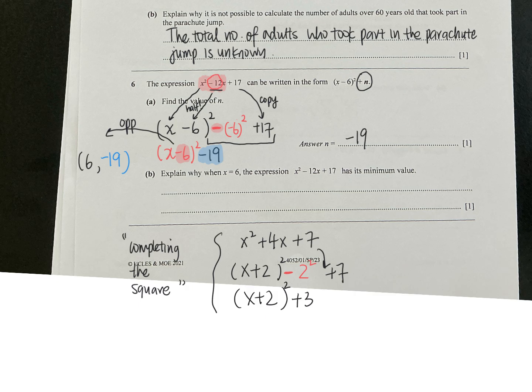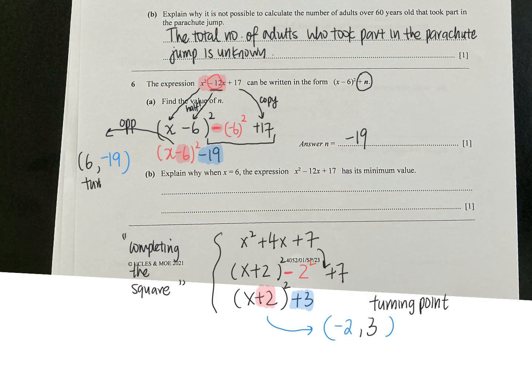So from here, what is my turning point? How to read my turning point? So remember the x one, you must opposite, reverse the sign. So this is minus 2, then 3. So this is turning point. You can read turning point from completed square form.